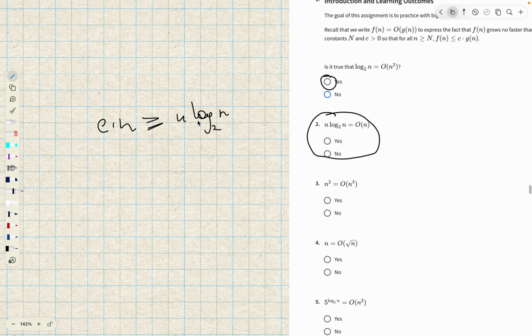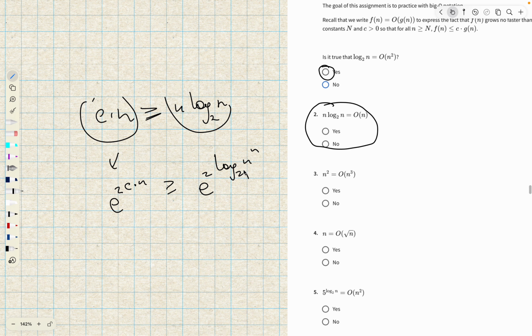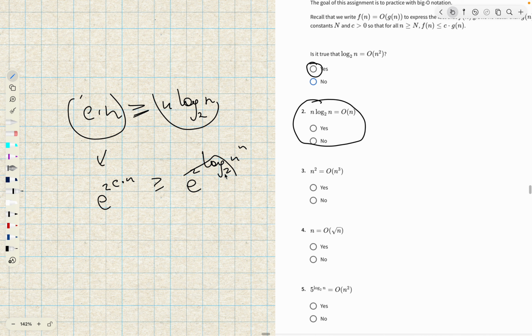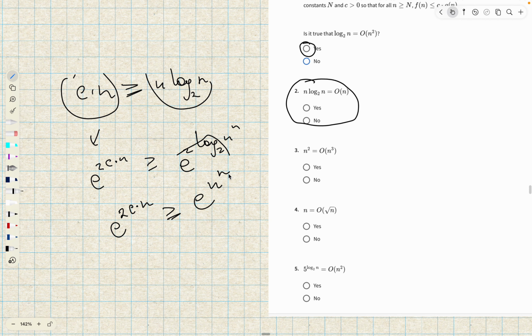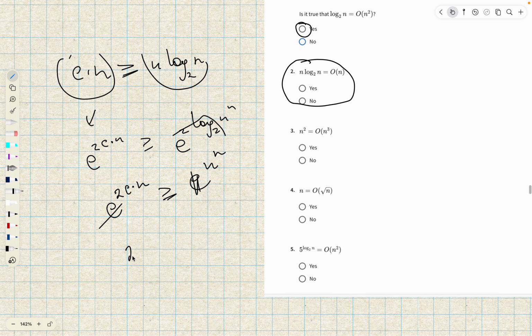What we can do is write this as log 2 plus log n, and log 2 is 1, and then we can also get rid of these, and then we have 2cn bigger than n.